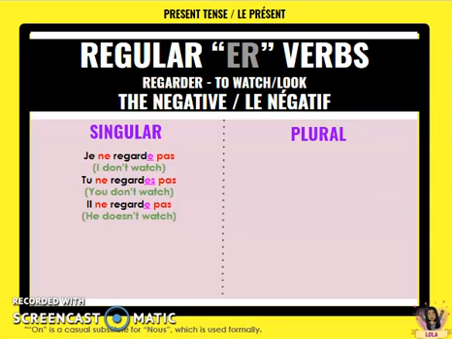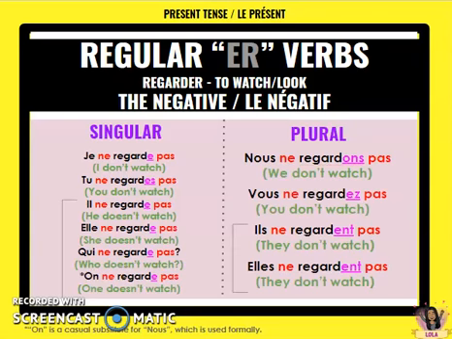He doesn't watch. And we continue to do the same thing for the rest. Elle ne regarde pas, qui ne regarde pas, on ne regarde pas, nous ne regardons pas, vous ne regardez pas, ils ne regardent pas, elles ne regardent pas.